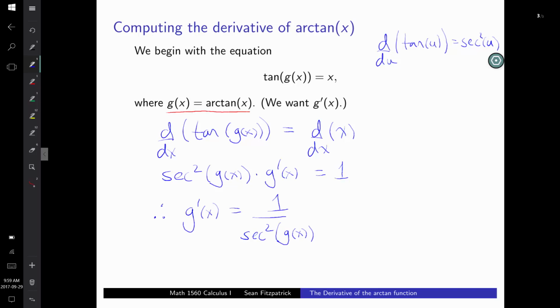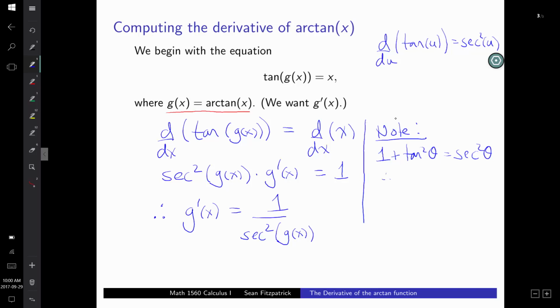Okay, so that's an answer in terms of x, but it's not very satisfying, because it still references this function g of x, secant squared of arctan of x. Can we make this any simpler? Well, let's note that one of the variants on sine squared plus cos squared is that 1 plus tan squared theta is equal to secant squared theta. That's one of our identities.